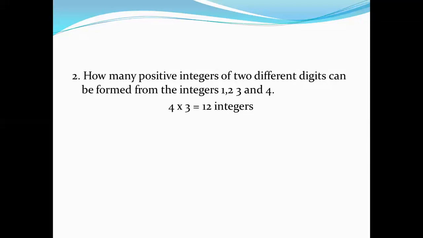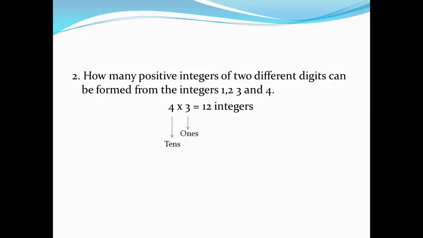So why do we have this answer? Why 12 integers? First, we consider the tens place. In the tens place, you have 4 choices: 1, 2, 3, and 4. If one of the digits takes the tens place, there will be 3 integers left for the ones place. We can also swap: we can start with the ones place, so you have 4 choices, and if one of the digits takes the ones place, then 3 choices will be left for the tens place.